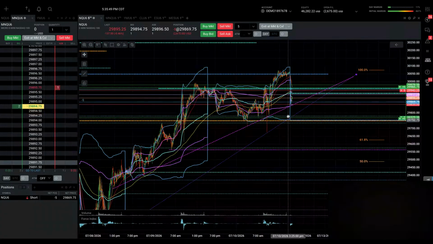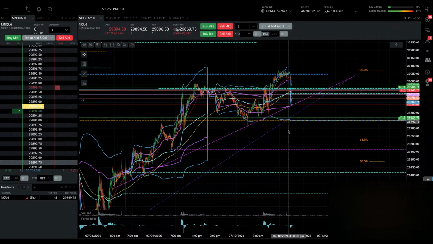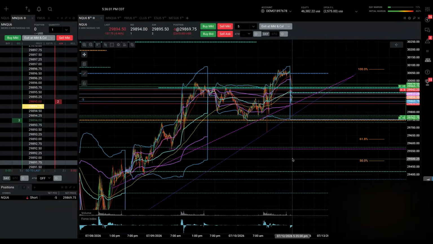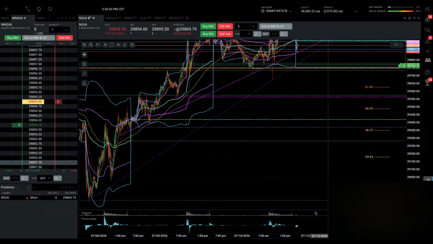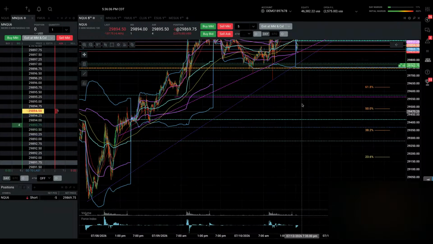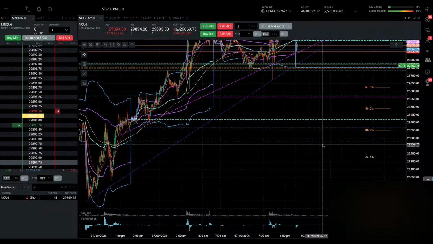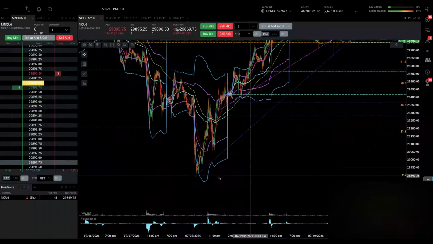If we can't hold this lower VWAP band, and can't get back above into this range, I would assume that we come all the way down into these zones. And these lines are just going to be our bounce zones.